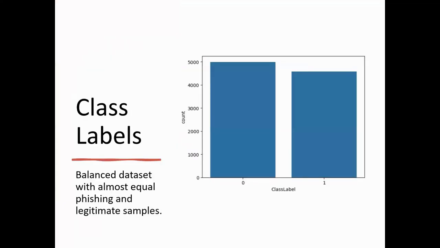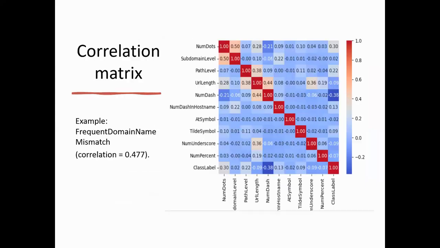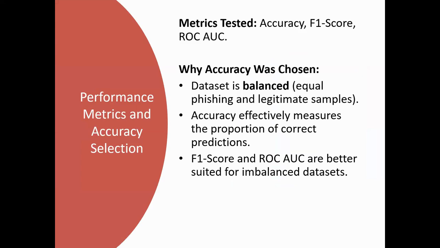If you can see here from this visualization, there are equal numbers of phishing and legitimate data. So that means it is a balanced dataset. Since accuracy is more reliable on balanced data, whereas F1 scores and ROC AUCs perform better on imbalanced data, we selected accuracy as our performance metric.